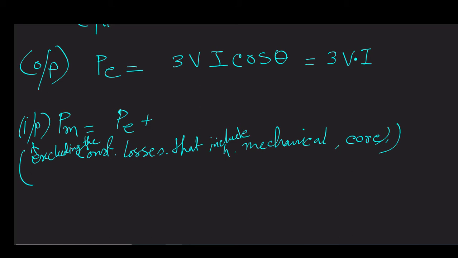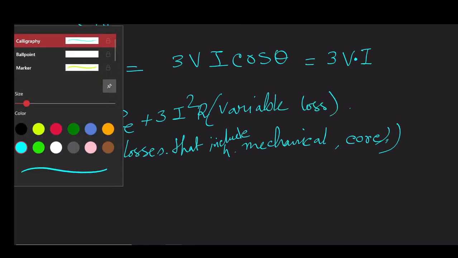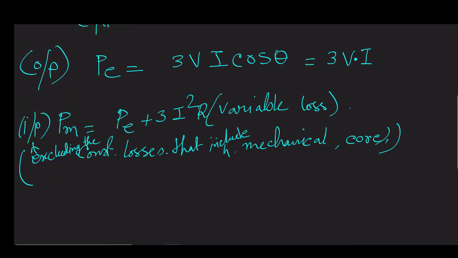Correct. So what I can write is this one is just like PE plus 3 I square R, where I square R is our variable loss in total 3 phases. It's creating trouble for my eyes. Let us go back to that white.